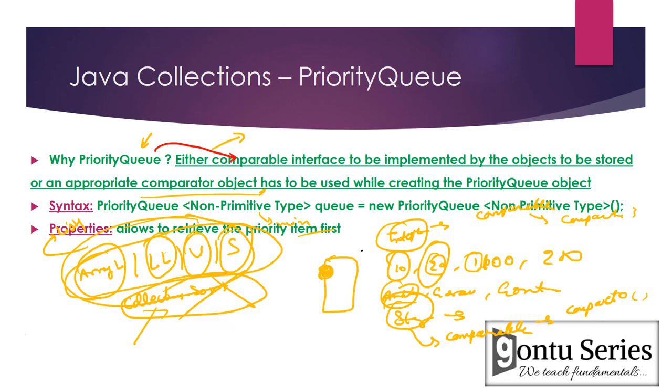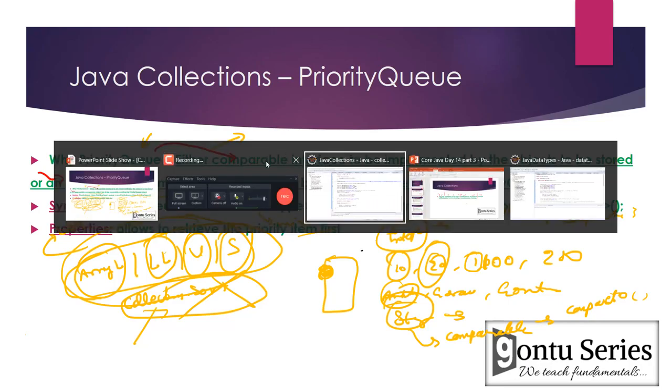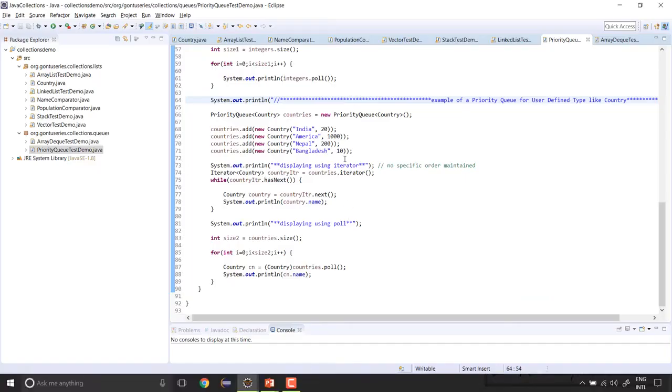But I want to make a slight correction there: it's not that every PriorityQueue needs to implement Comparable for its user defined type. You can also use an appropriate Comparator object while creating the PriorityQueue instead of Comparable. Let me explain over here.